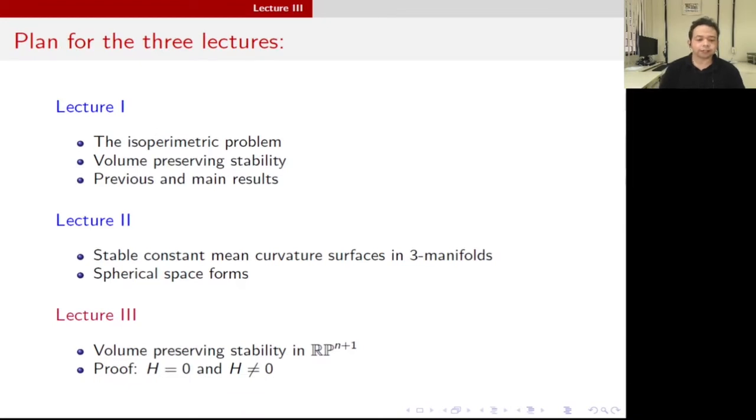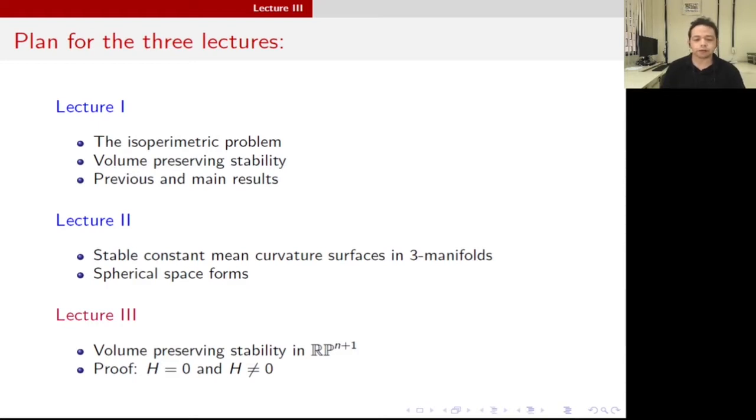So in this lecture and final video, I will present our main result on the classification of constant mean curvature hypersurfaces that are volume preserving stable in the real projective space RPN.